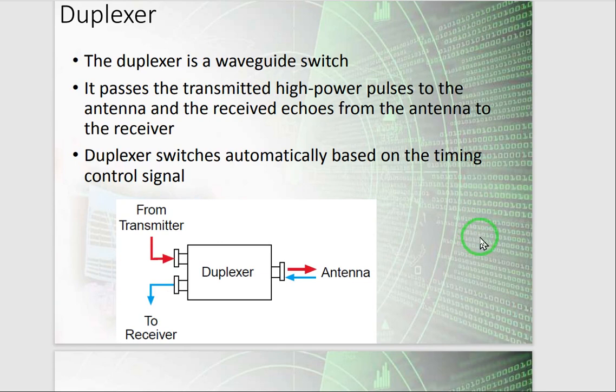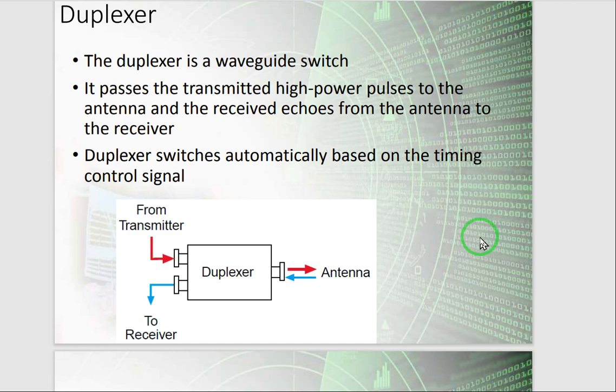A duplexer is the main part of the radar, in which the duplexer is actually a waveguide switch. It passes the transmitted high power pulses to the antenna and the received echoes from the antenna to the receiver.